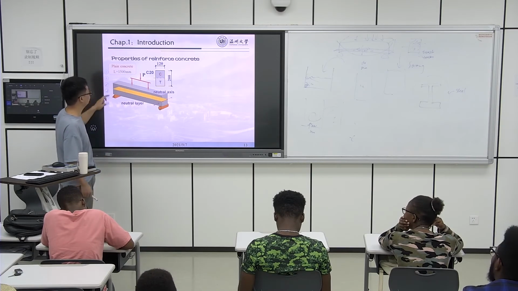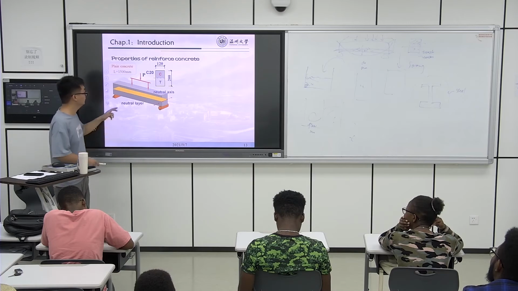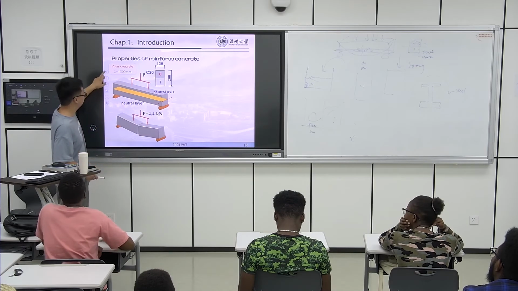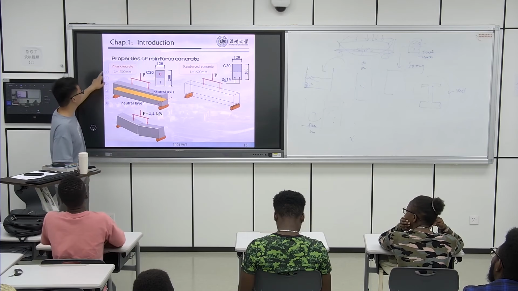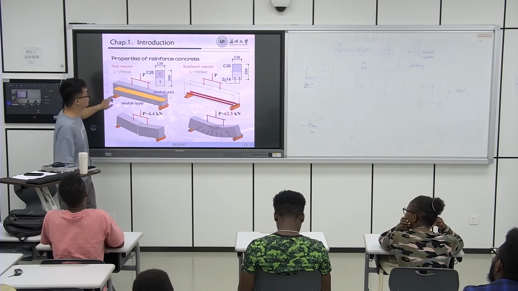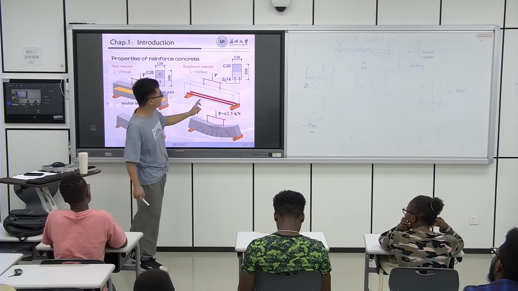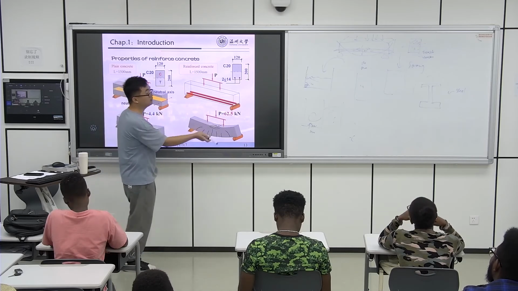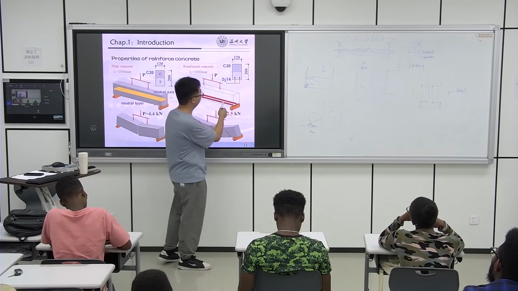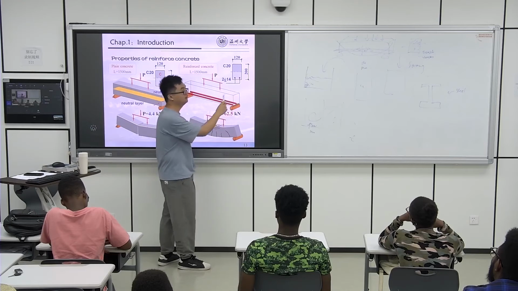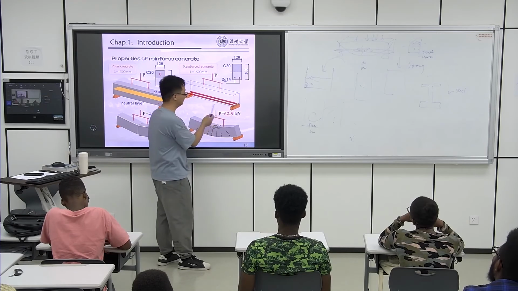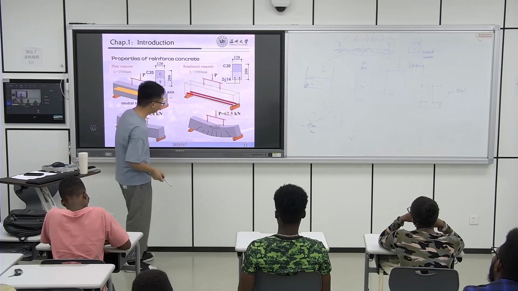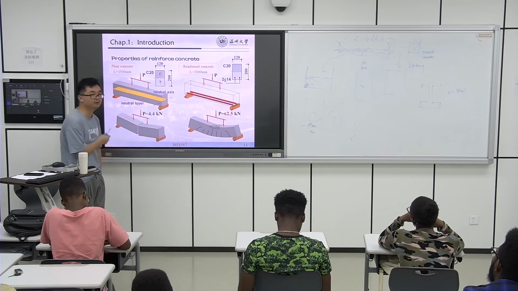Later, I will introduce how to calculate this beam, but here it's only to let you roughly see it. This is the beam with steel bars. The section size is the same, the only difference is that in this beam we add the steel bars, and the failure mode is also different.